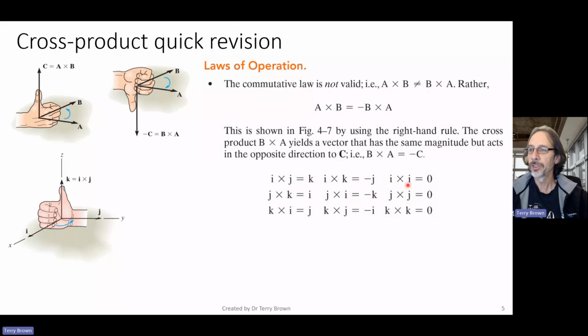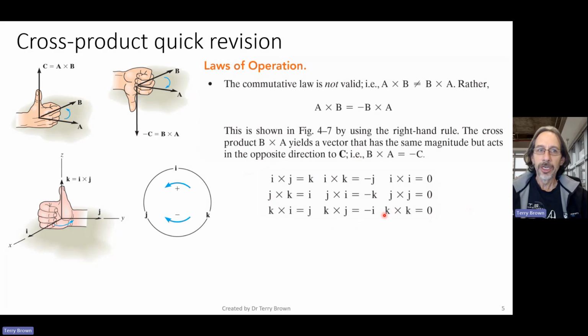So if we have i cross i, we get 0, j cross j, we get 0, k cross k, we get 0. Do you need to remember all of these things? Well, you could, but the way I do it is to remember these ones are easy: if you've got i cross i or j cross j or k cross k, they all equal 0.